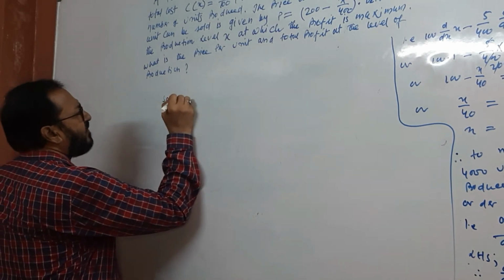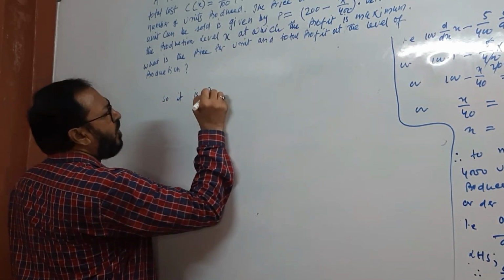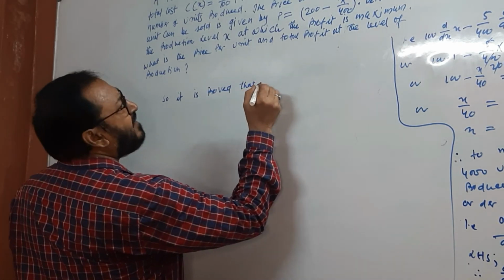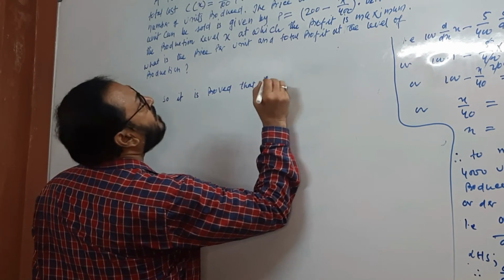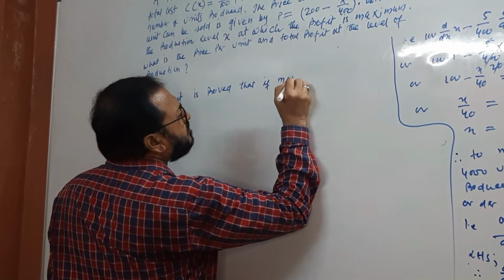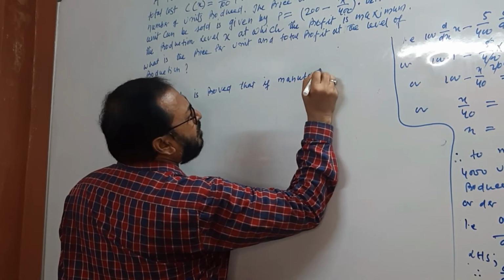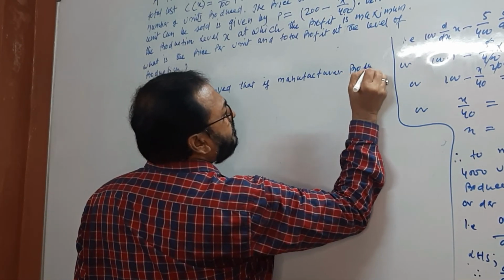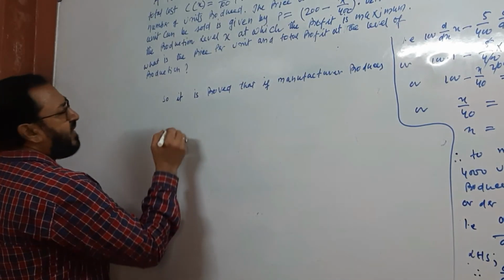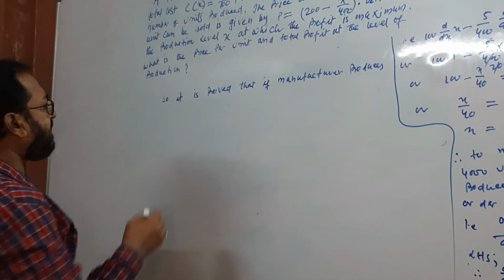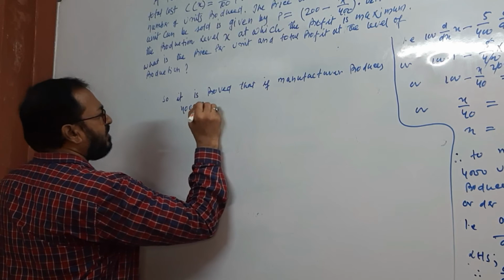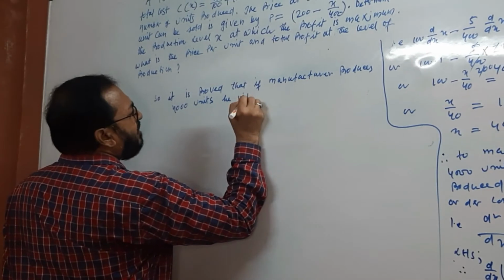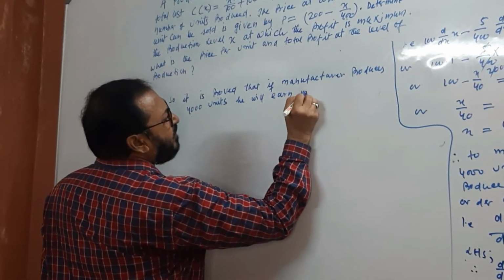So it is proved that if the manufacturer produces 4,000 units, he will earn maximum profit.